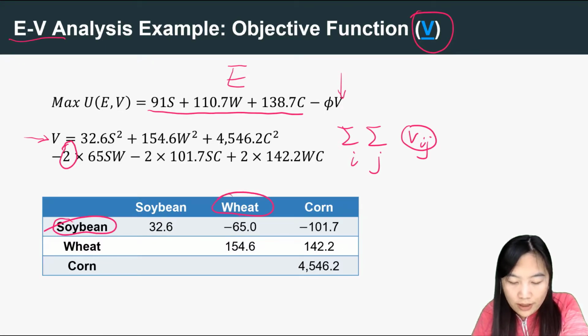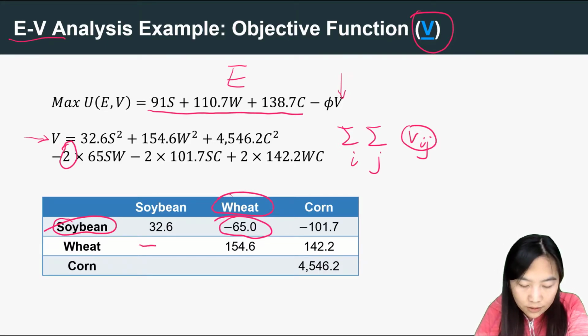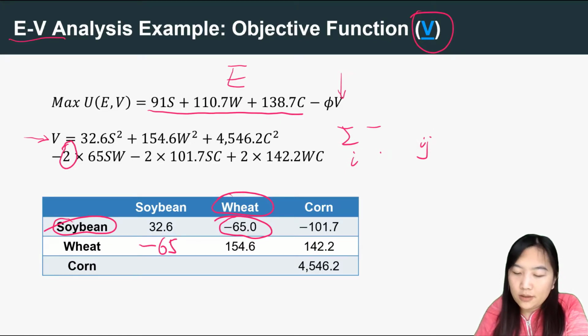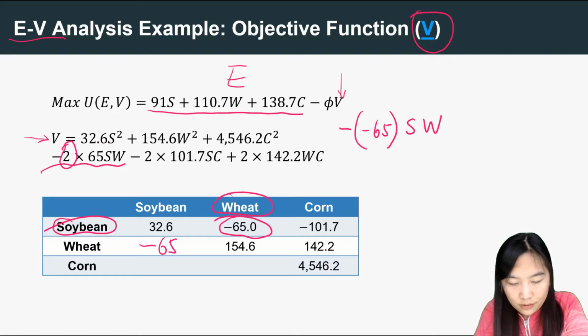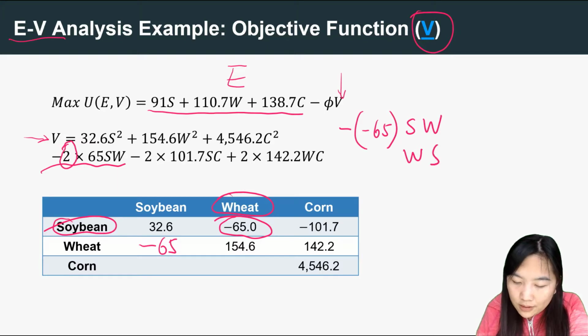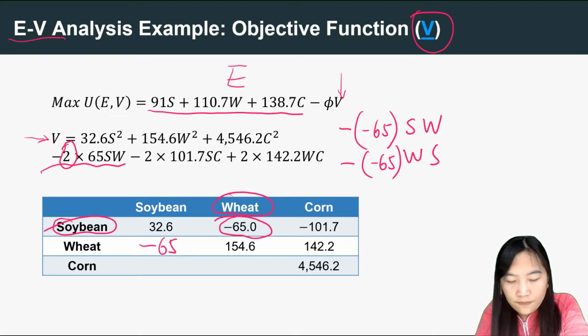So we have negative 65 there times SW, and then you also have a WS, so you have minus 65 there too.